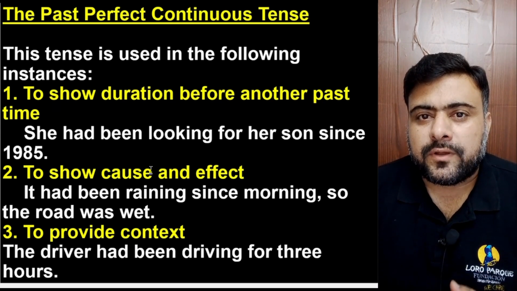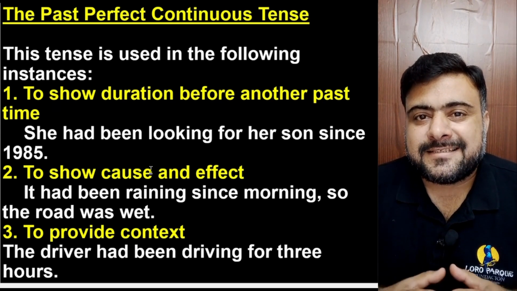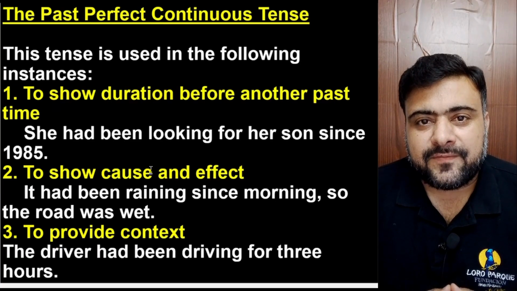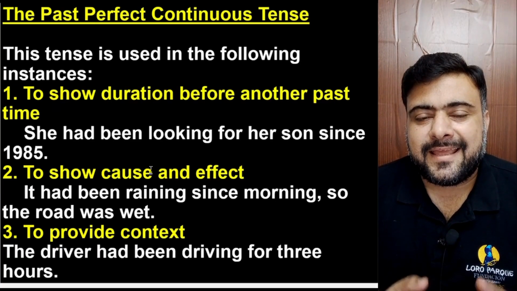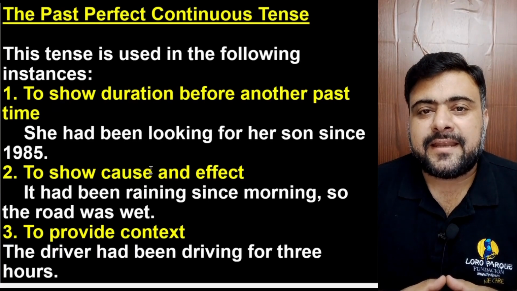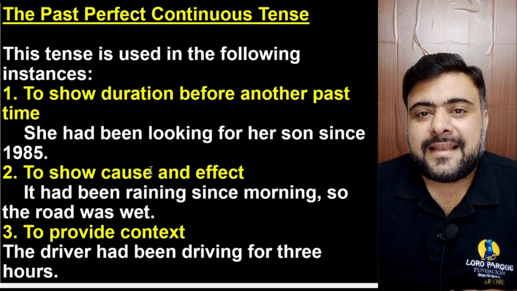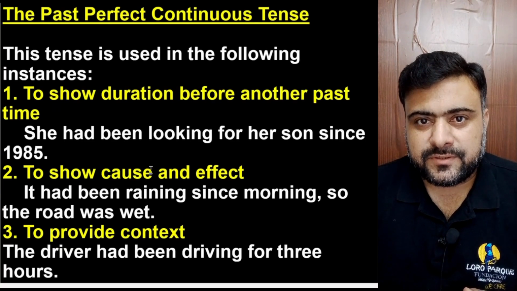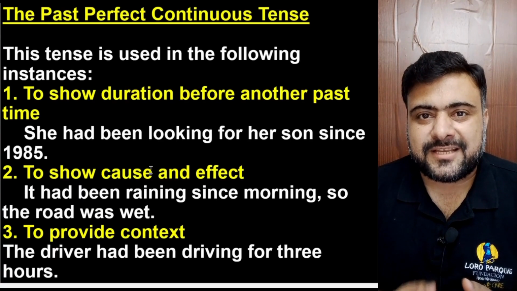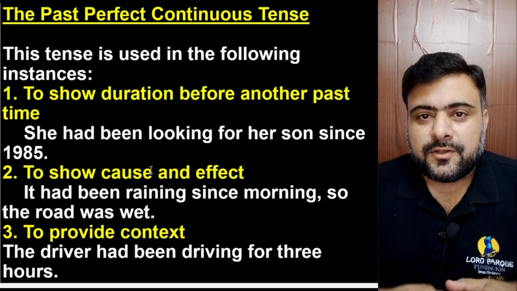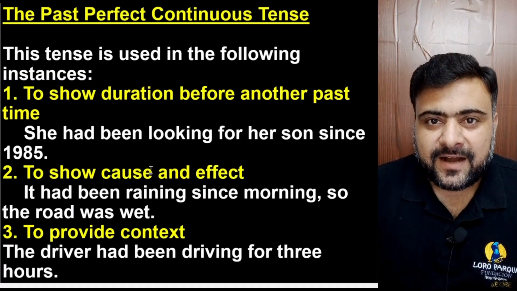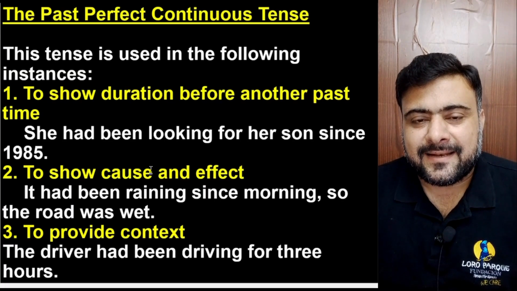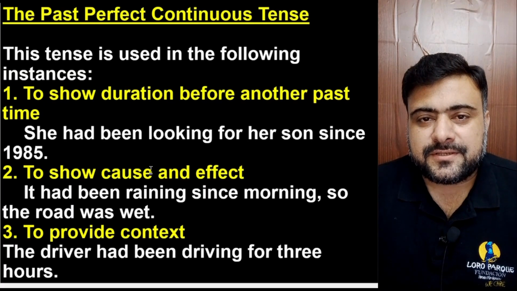She had been looking for her son since 1985. The action started in 1985 and it continued till another time in the past. Till, for example, 2000, 2005, 2006, 2010. Both dates, 1985 and 2010, are in the past.